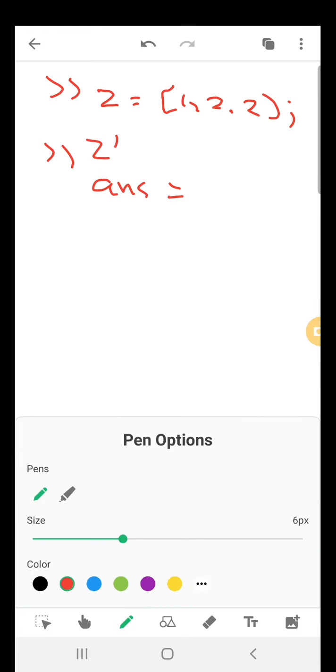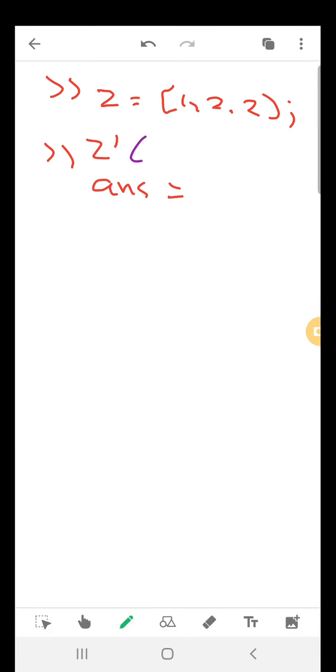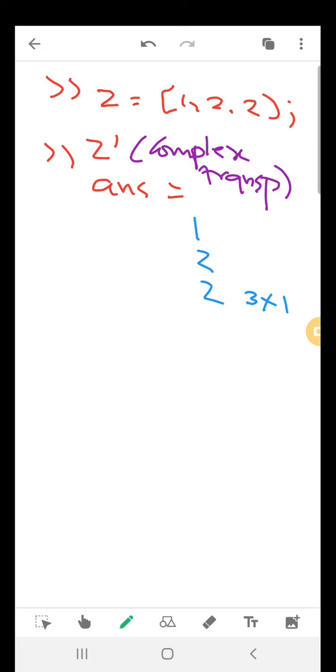This actually corresponds to the complex transpose of the matrix. Since there is no complex number, it will only take the transpose part. So that will make the answer as 1, 2, 2. Now this is a 3 cross 1 matrix.